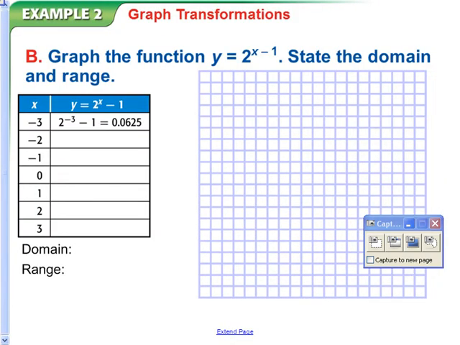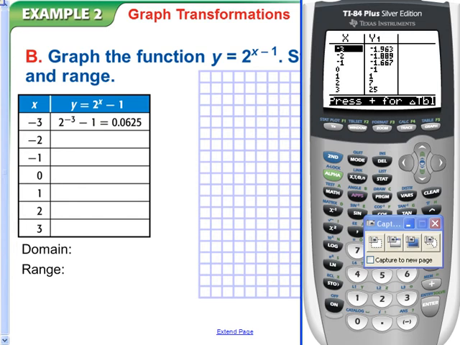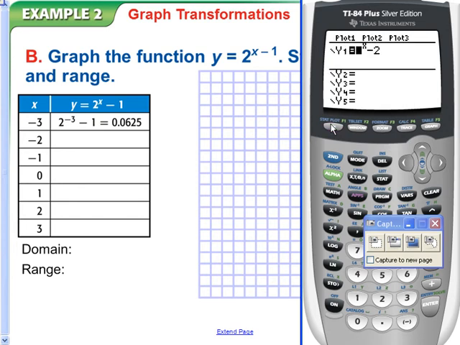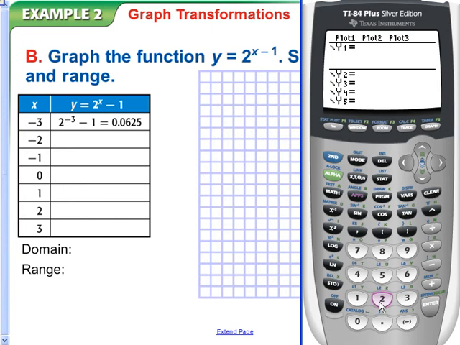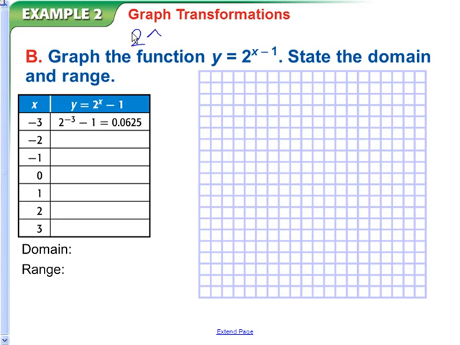Okay, let's try this one. What happens if we have that -1 up in the exponent? So let's go back to your calculator and type that in. Now this time you want to make sure that it's written up there. Now if you don't have a calculator like this, if your calculator says 2 and then it uses the raised to, you must put parentheses around the entire exponent because it's got multiple parts to it.